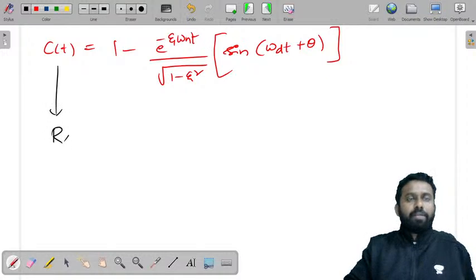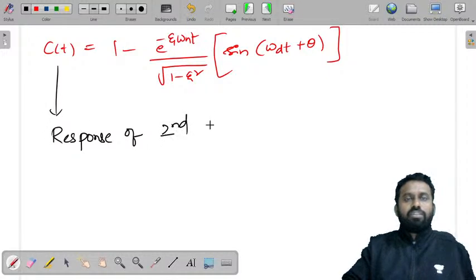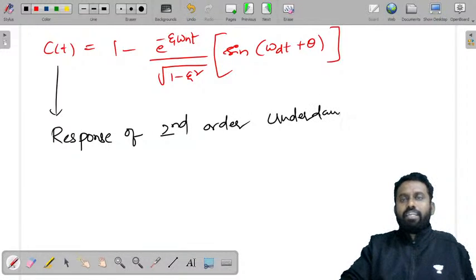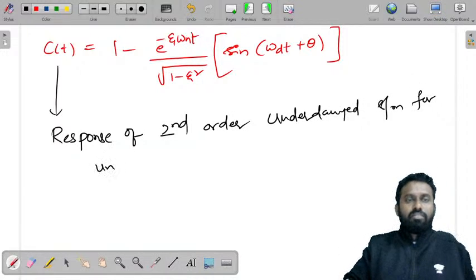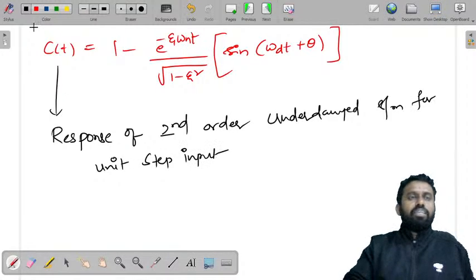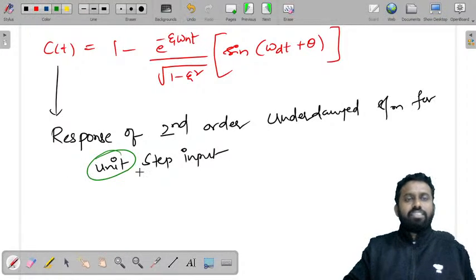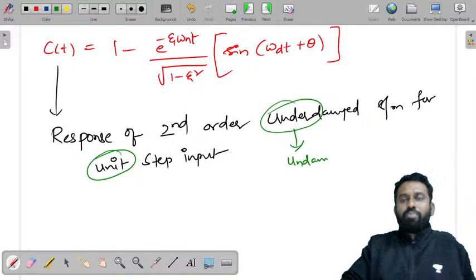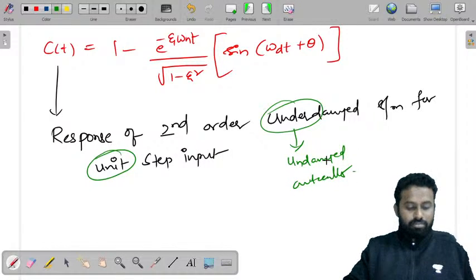This is the response of a second order underdamped system for unit step input. So here in the question paper he can change this unit step and underdamped also. He may also give you undamped or critically damped or something.